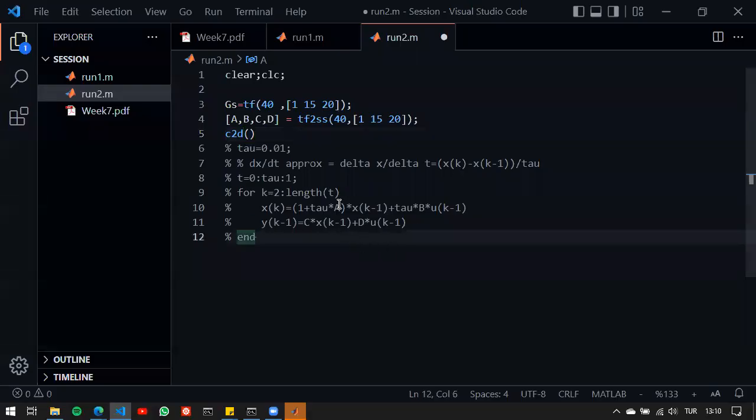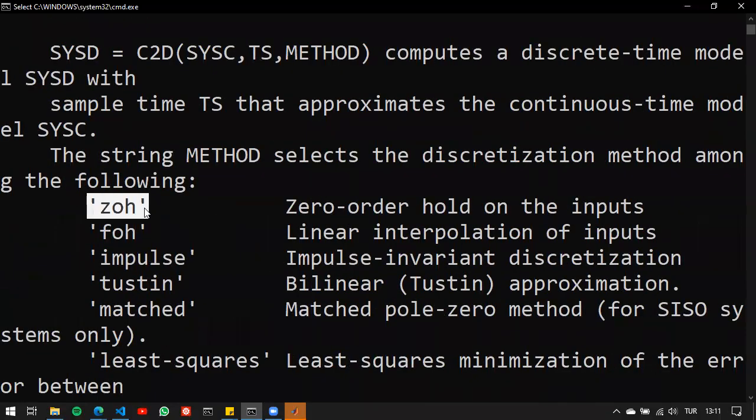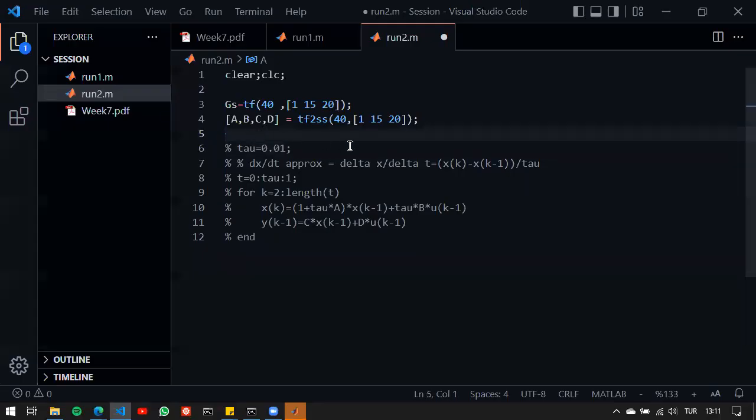But I've also shown you that we can do that by ourselves. So actually this A, this B, and then these C and D matrices are discrete here. So you can use C to D with the same sampling time and zero order hold method, by the way. Or you can also use the following definition. So we can just define this.